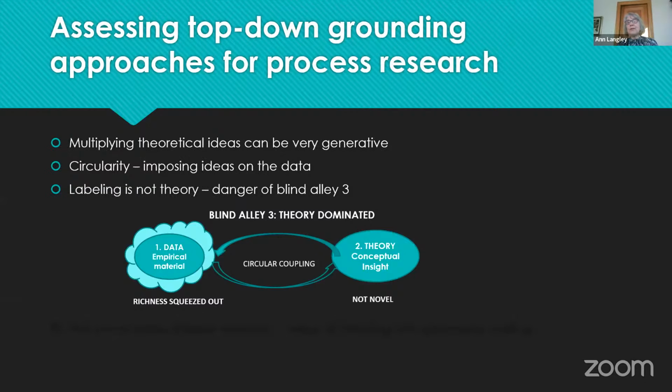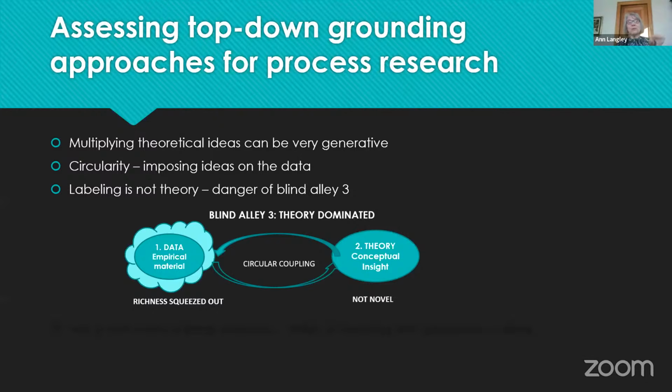The only problem is if you try to impose one theory onto your data and match it, what you're doing is just labeling things. And so that's why using more than one, and doing top down but also bottom up as well, is much more likely to give you something that corresponds to our ideal portrait.